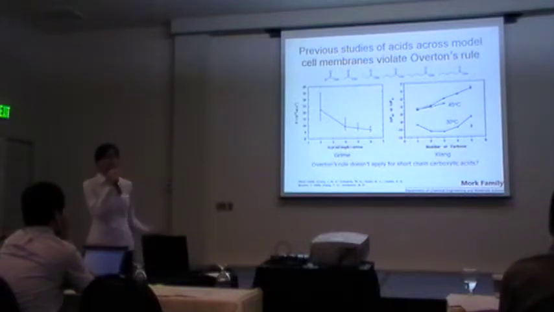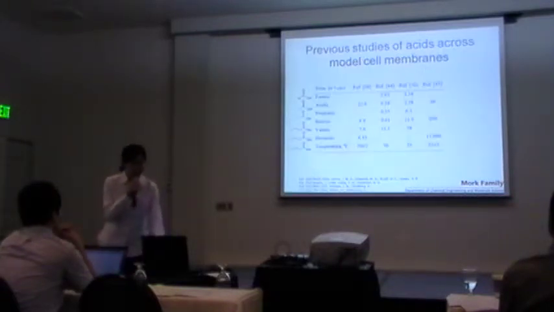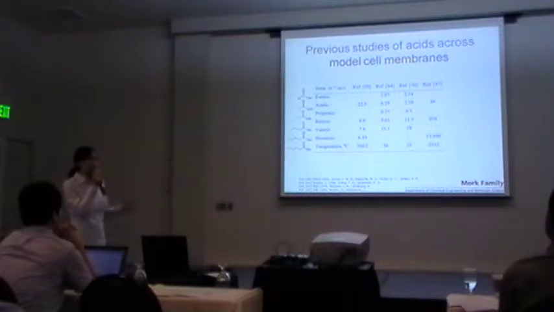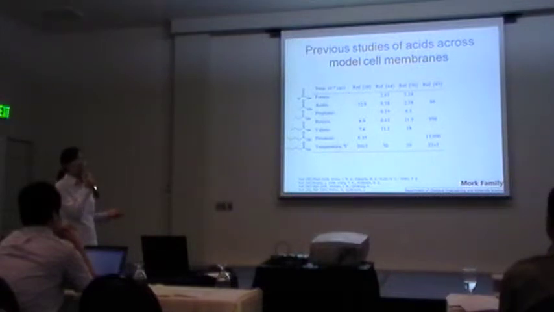And besides their research, let's see some other researchers' results. As you can see in this table, for the permeation of the carboxylic acids, there exists a huge variance.